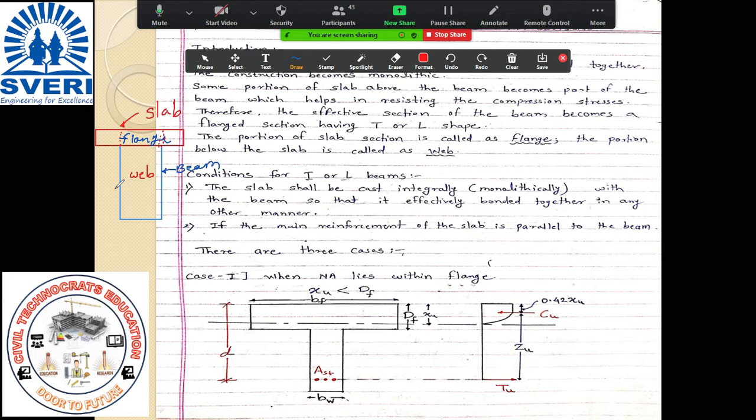And the same action is there if the beam is a corner beam. If the beam is placed at the corner, then instead of T, L action will be generated, because the slab is either on the left hand side or on the right hand side of the beam.